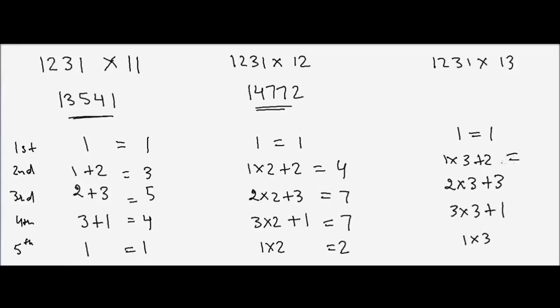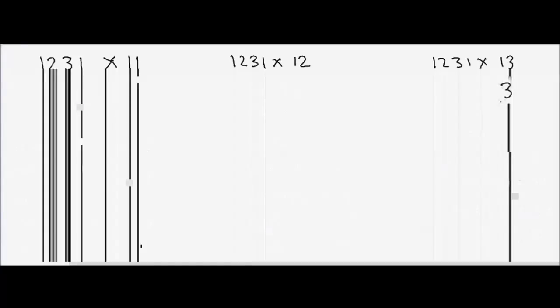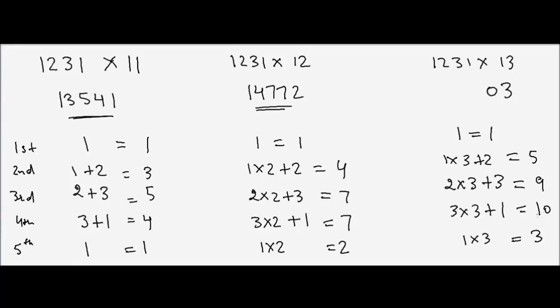So 3 plus 2 is equal to 5, 3 into 2 is 6 plus 3 is 9, and 3 into 3 is 9 plus 1 is 10. So here we have 10 and here we'll have 3. In this case we have to be careful because there is a carryover, so we write 3. Then here we write 0 because we have 10, so 1 will go to the 9. So 9 plus 1 is 10 again, so we'll have one more 0. It will go to the 5, so it will be 6, and then it's 1. So the answer is 16003.